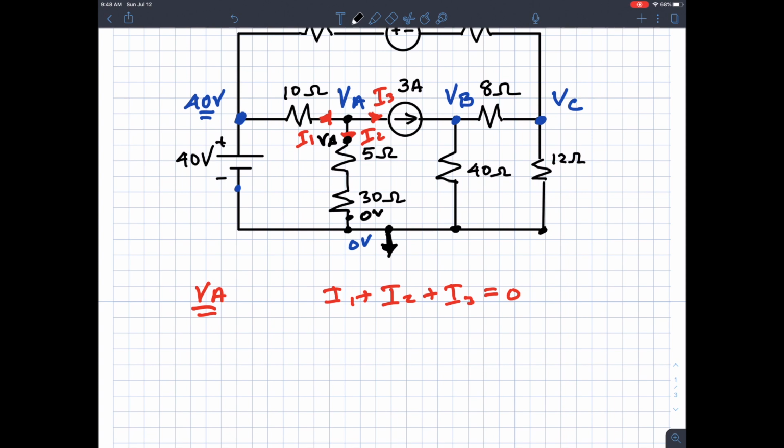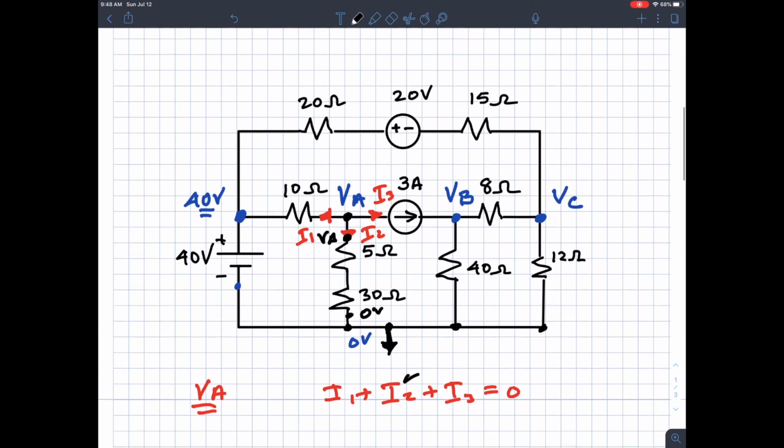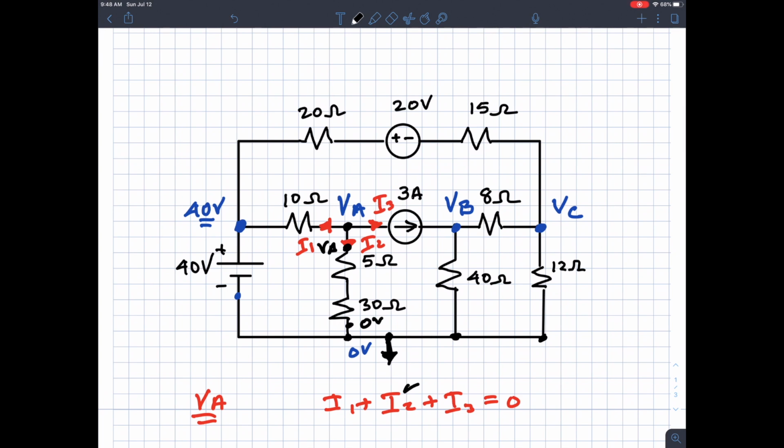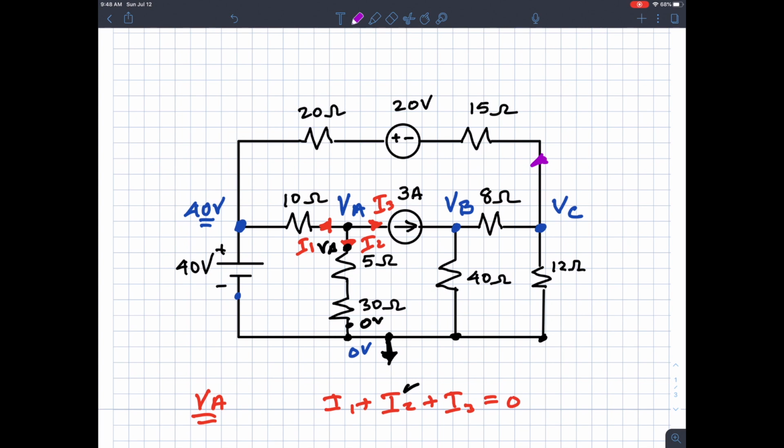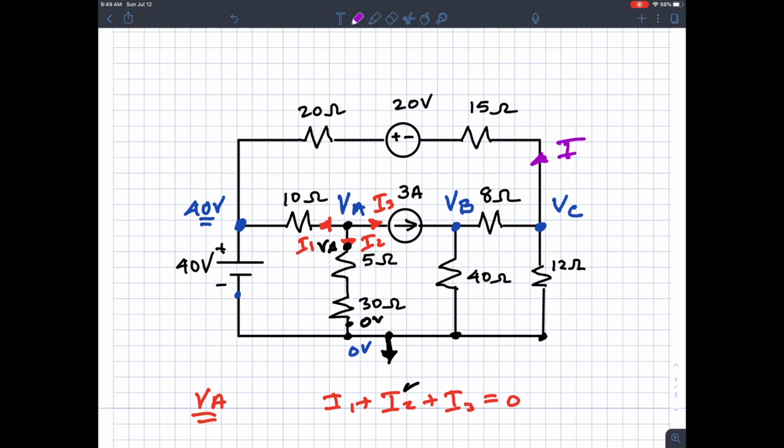I'm going to hold off for now because I want to talk about a different spot in the circuit too. When I get around to finding the current here, I'm going to call this IC.